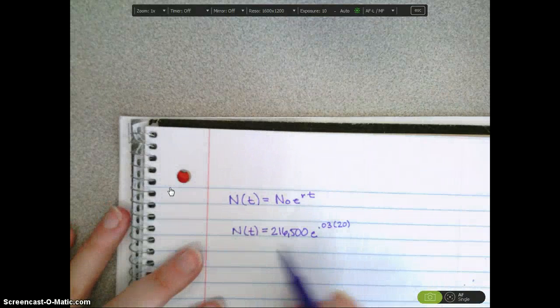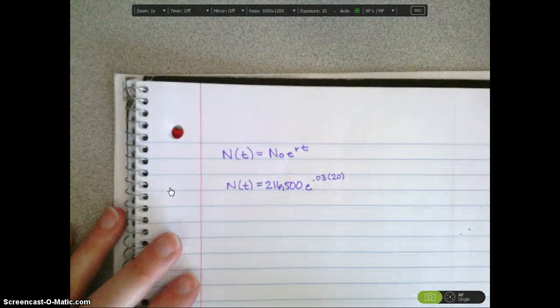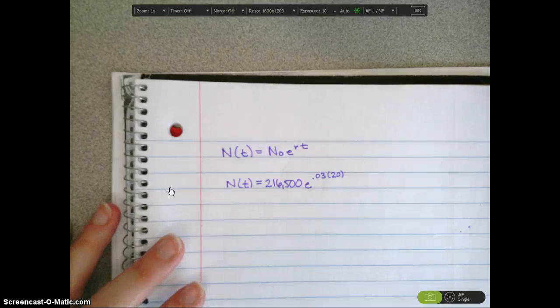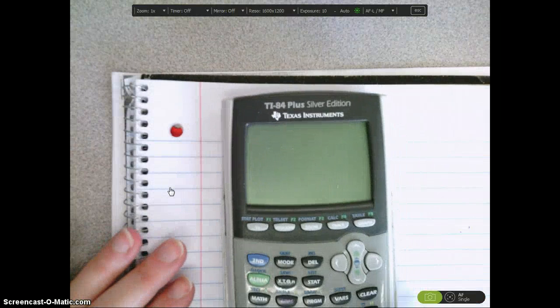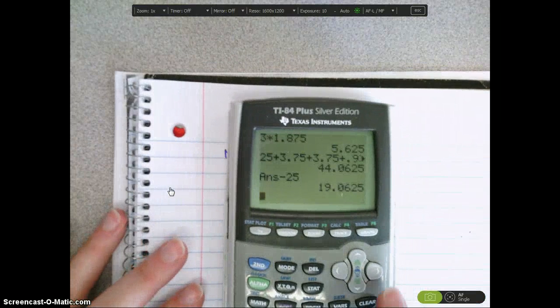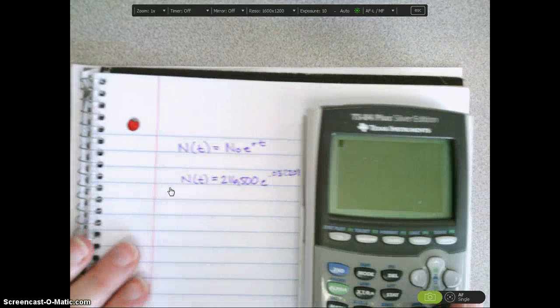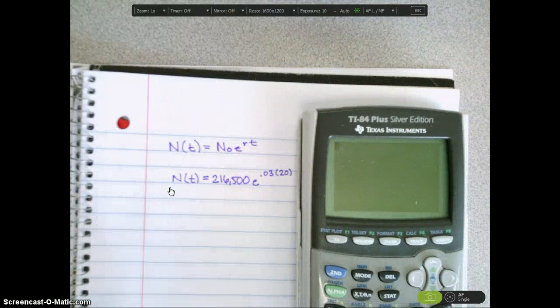We talked about how you could plug that into your calculator. I'm going to try it down here. So I turn my calculator on, clear that out. And I'm just typing in 216,500 times e, the e button is above the division sign, raised to the 0.03 times 20.